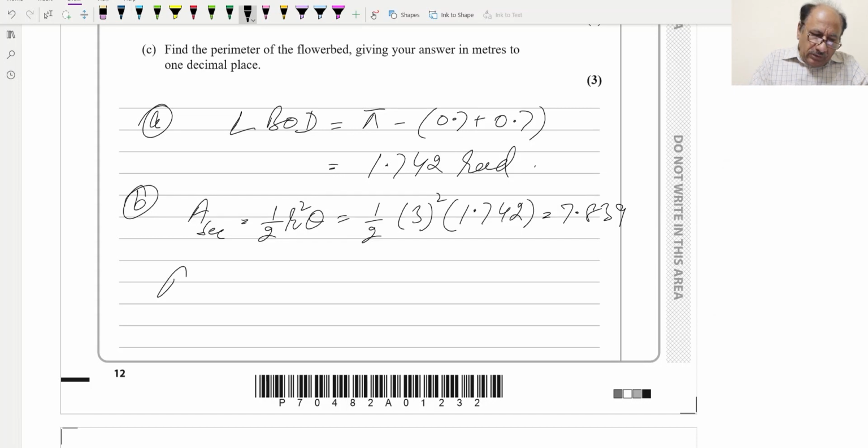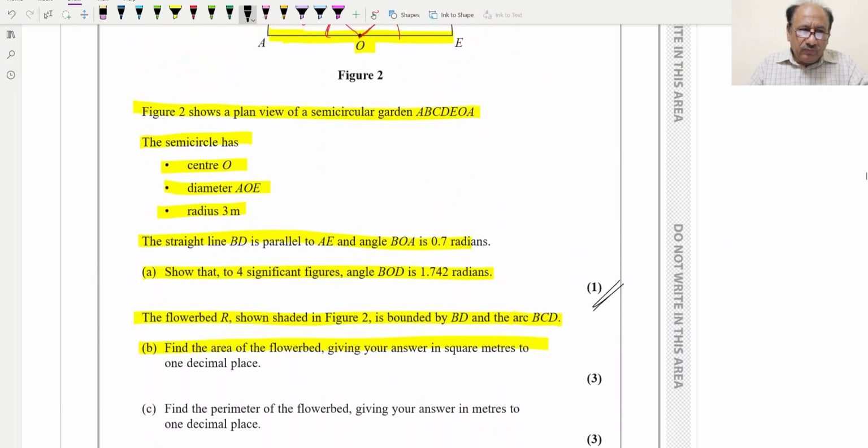7.839. Now the area of the triangle. Which triangle are we talking about?